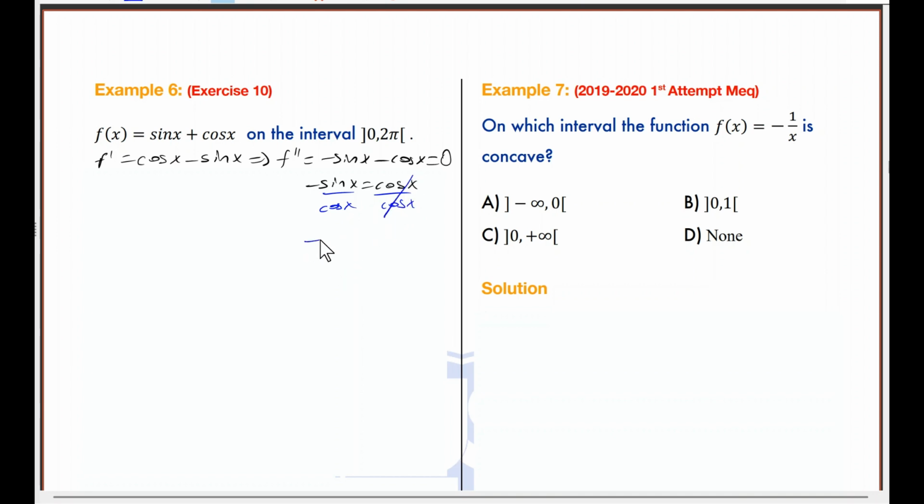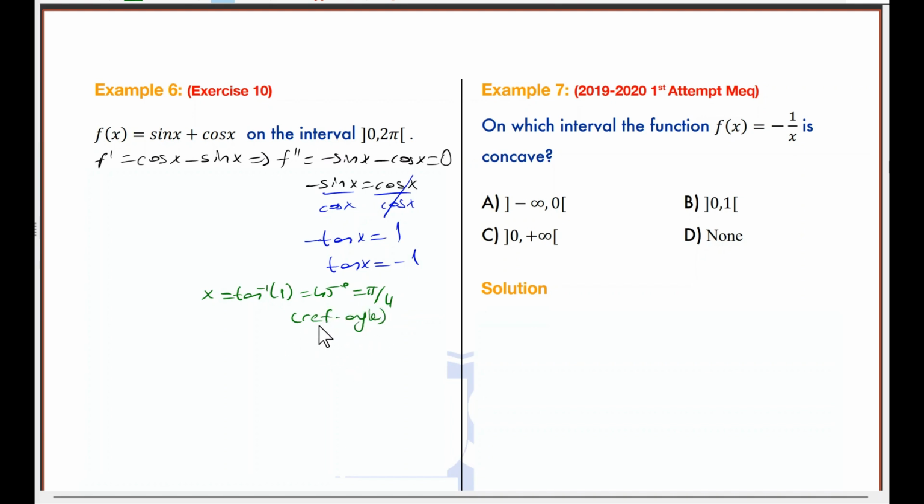So negative tangent x equals 1. In other words, tangent is equal to negative 1. So what is the reference angle? x is equal to tangent inverse of 1, which is 45 degrees, which is pi over 4. So we got our reference angle.